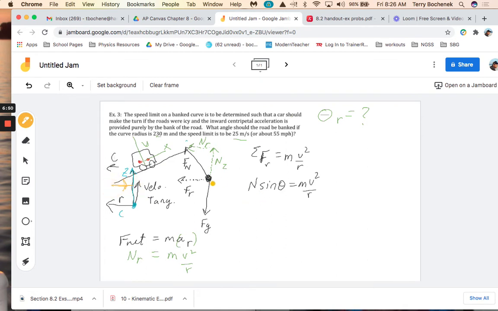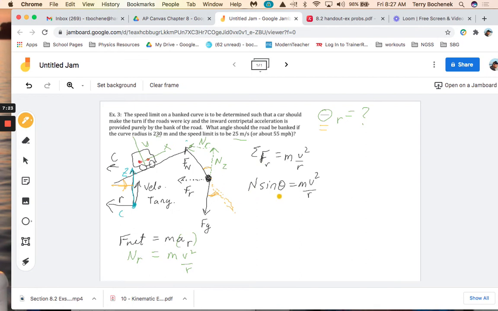And in our diagram, if I extend this direction backwards for our normal force, that, like usual, is going to also be theta, and then the vertical angle from that is going to be up there in the normal force triangle. So those are all the same angle that we're looking for here. So n sine theta, that would be this radial one up here, equals the radial force, and so set that equal to mv squared over r.